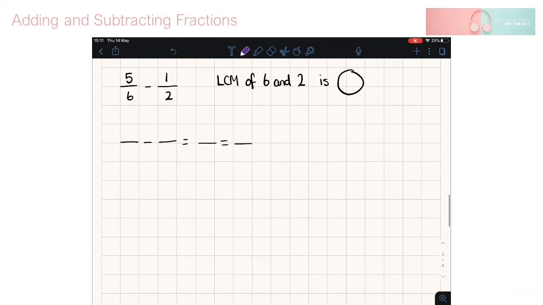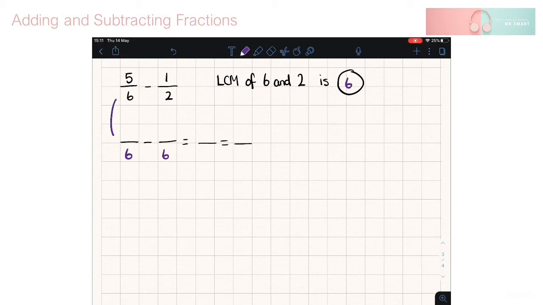In my final example, we're going to look at subtraction. Now, I haven't looked at subtraction up to this point because actually the process is exactly the same, apart from that you subtract at the very end. So, in this example, 5/6 minus 1/2, the lowest common multiple of 6 and 2 is 6. So we're going to rewrite both fractions to have a denominator of 6.